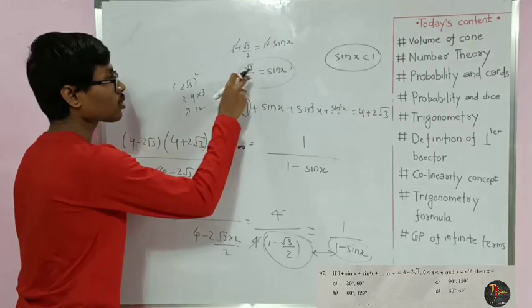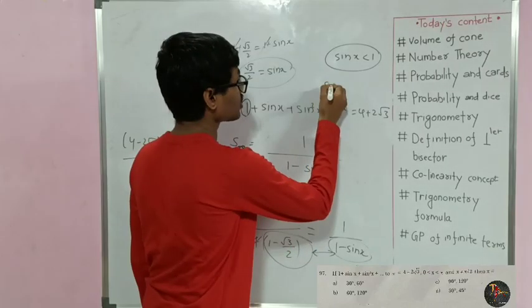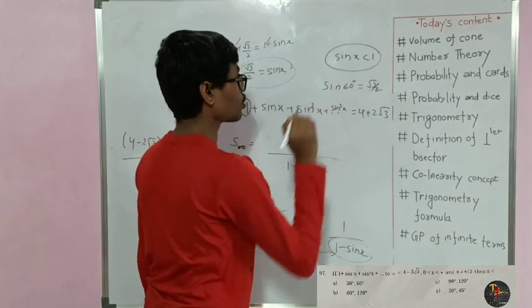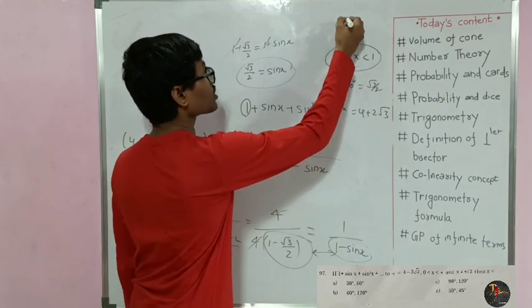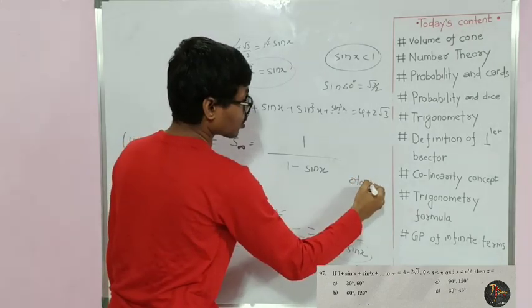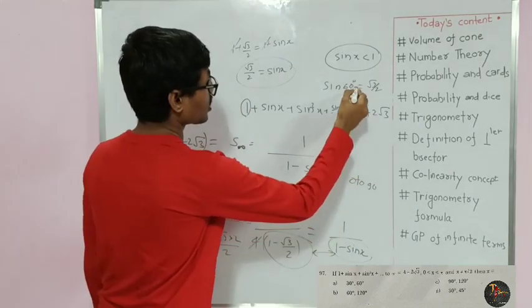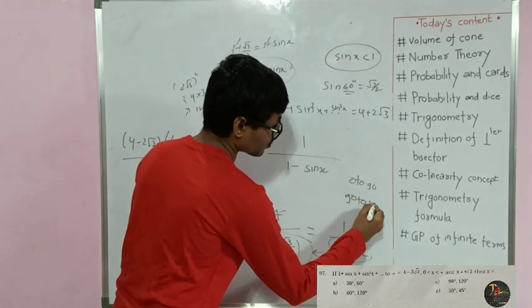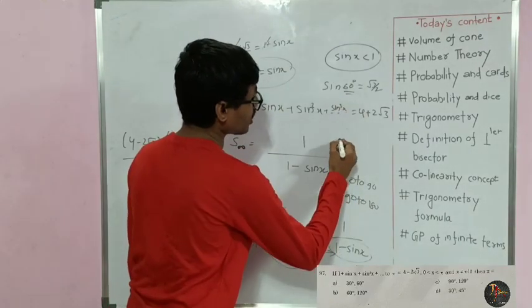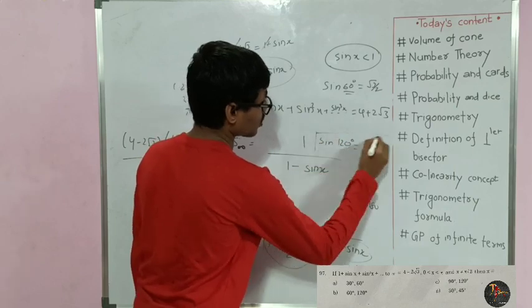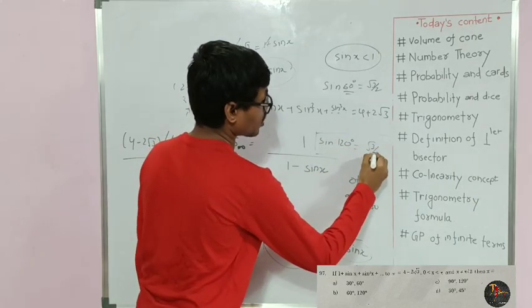When is sin x equal to root 3 by 2? Sin 60 degree is equal to root 3 by 2. If we discuss from 0 to 90, in that case sin 60 will be root 3 by 2. In case of 90 to 180, sin 120 will be root 3 by 2.